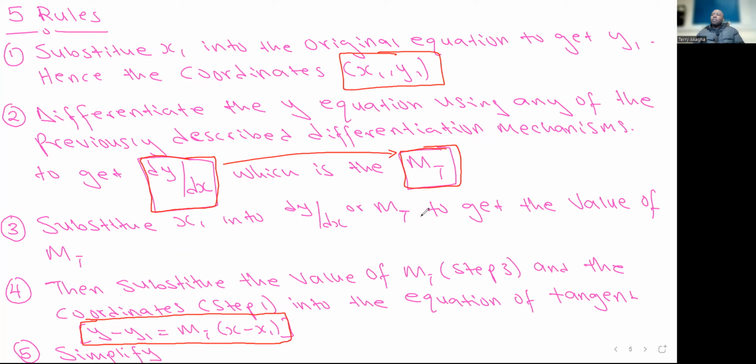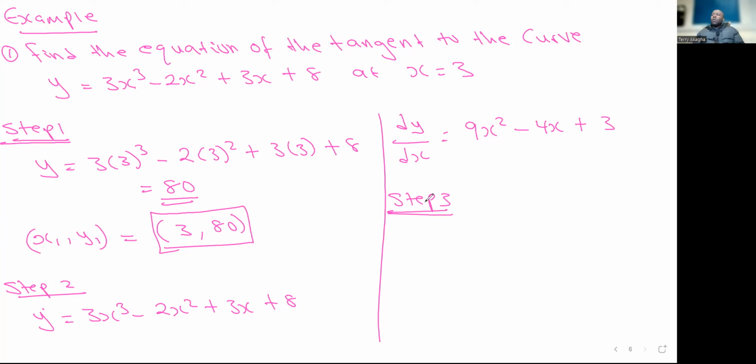So dy over dx, which is the same thing as mt, will be equal to, anywhere you see x we put 3, 9 times 3 squared minus 4 times 3 plus 3.